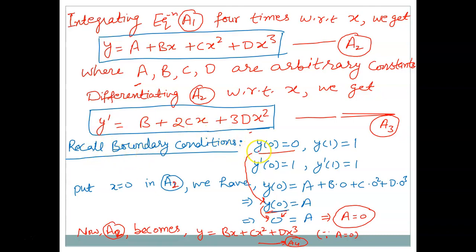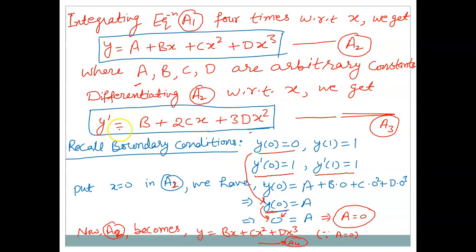They were y at 0 is 0, y at 1 is 1. You are also given that y' at 0 is 1, and y' at 1 is also equal to 1. Therefore, to apply these boundary conditions, you need to compute the value of y'. That is why we are calculating this y' here.